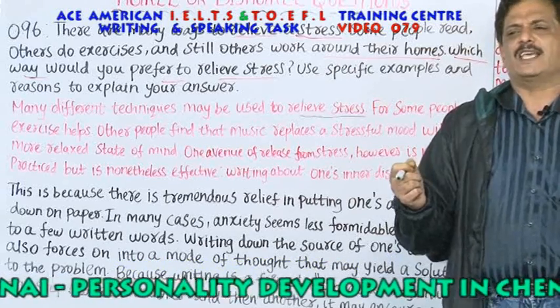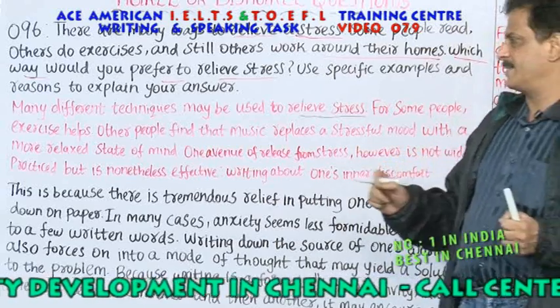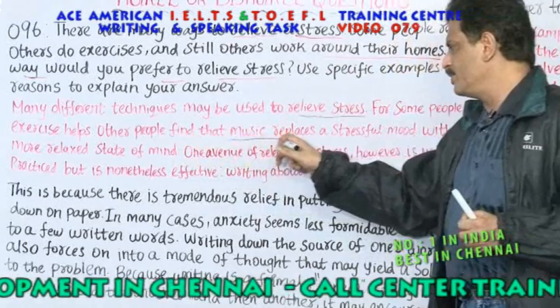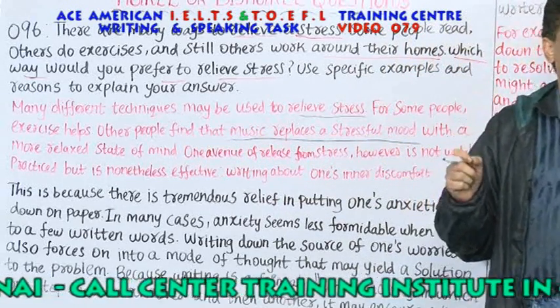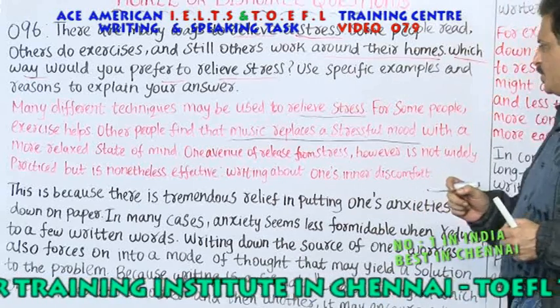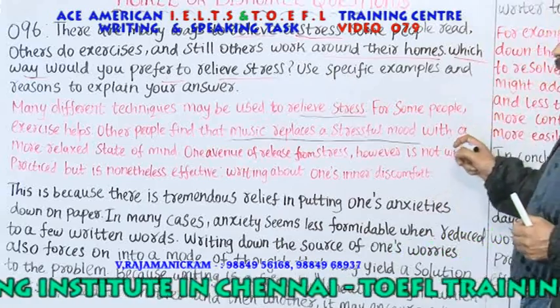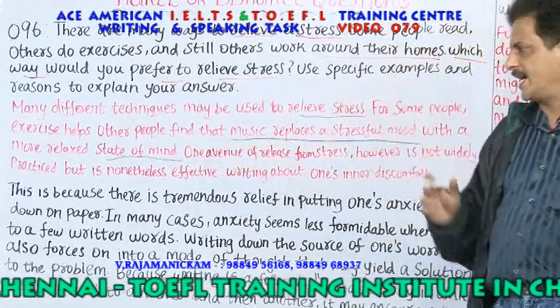So various places they go to get away from the stress. Other people find that music replaces a stressful mood. When you are stressed, you go in for listening to music, Rahman or whichever musician. You hear those songs with a more relaxed state of mind. It brings a relaxed state of mind.